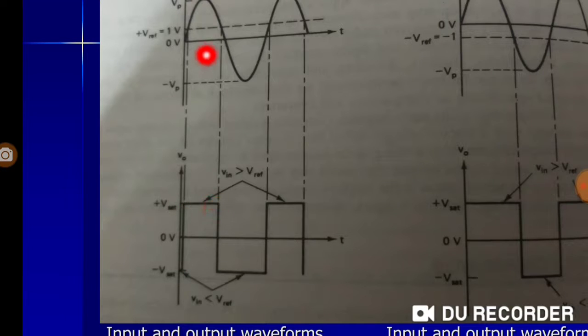As soon as the input signal drops below the reference, the dashed horizontal line, it immediately switches to minus Vsat. Again, when the voltage rises above the reference, only then the output swings from minus Vsat to plus Vsat. This is the output waveform with respect to the input signal when the reference voltage is positive.